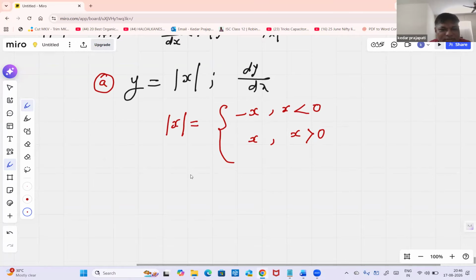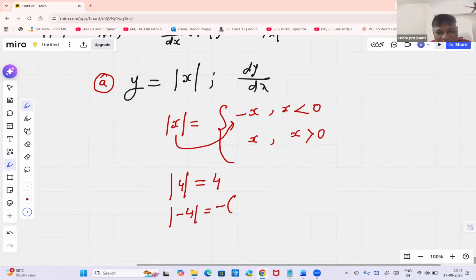So this simply means, suppose I have mod 4, its value is 4. If I have minus 4, what am I doing? I'm adding one more minus.